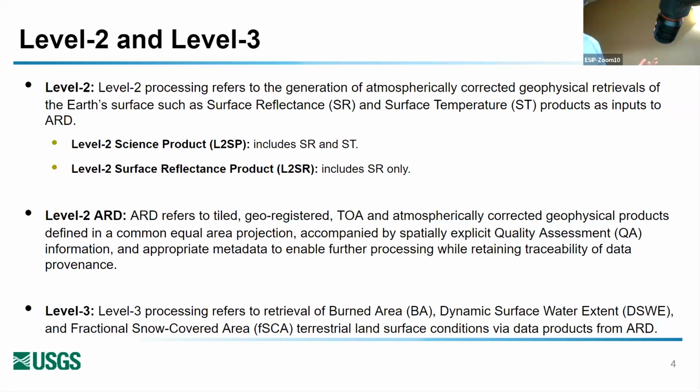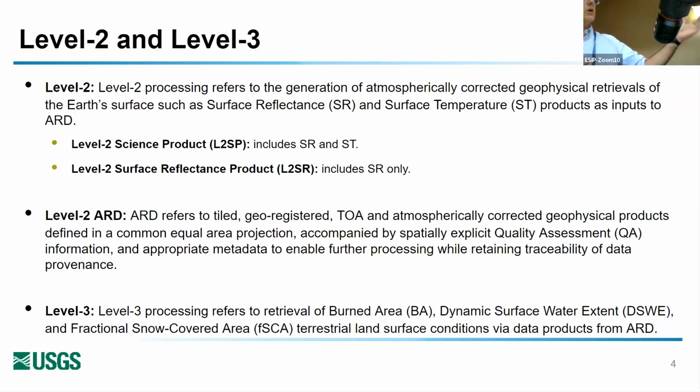It's only for the continental US, Alaska, and Hawaii. We nominally call it level 2, but it actually includes level 1 data as well. It includes top of atmosphere data in scaled radiance, as well as the atmospherically corrected parameters and a whole bunch of other stuff too, including QA and lineage data.